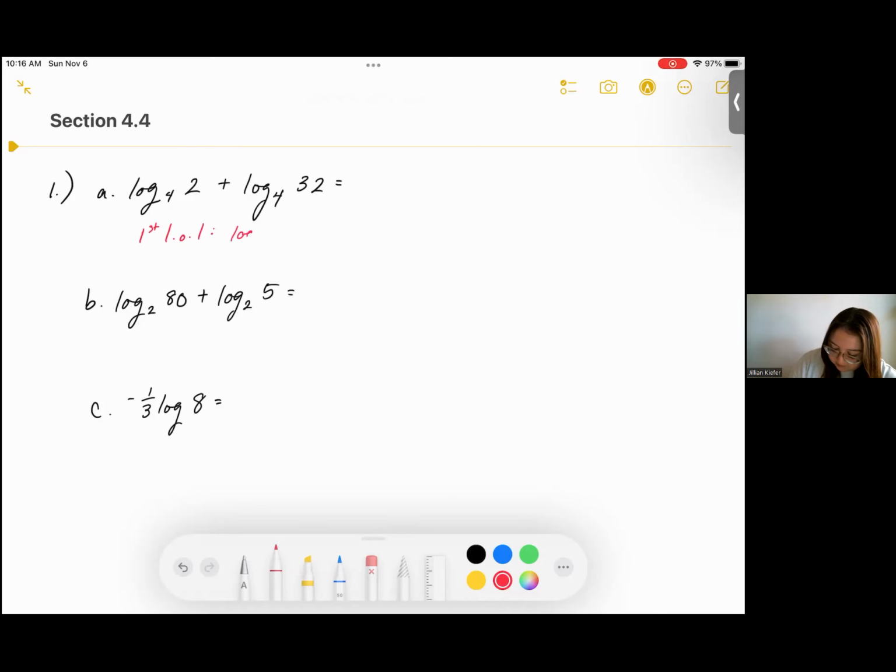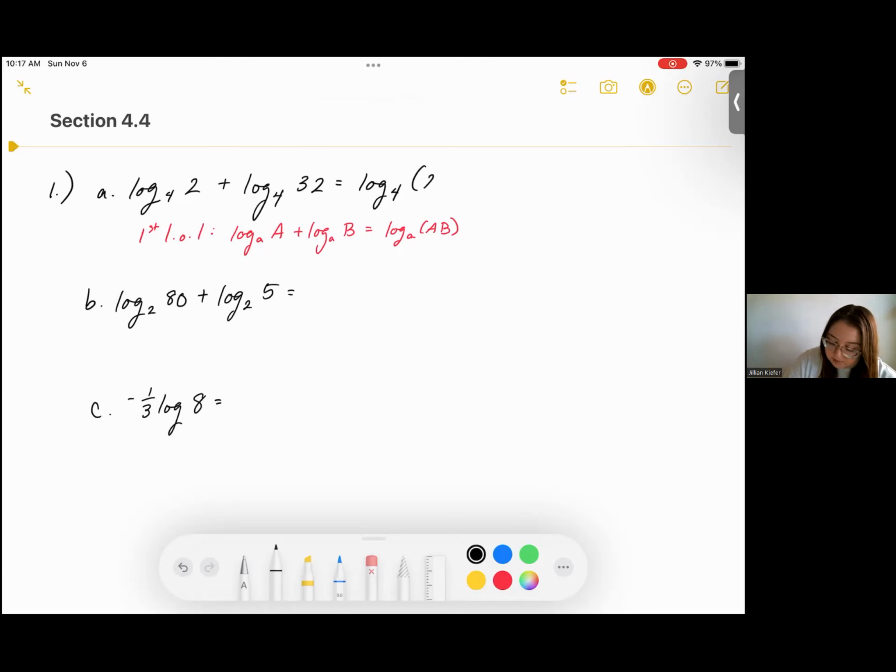It is log base a of A plus log base a of B can be simplified into log base a of A times B. So that's the first law of logarithms, and that's the one we're going to use in this case. We see both logarithms are log base 4, so this will turn into log base 4 of, and now we take the numbers we were taking the logarithms of, 2 and 32, and multiply them.